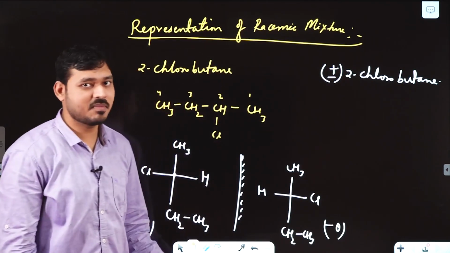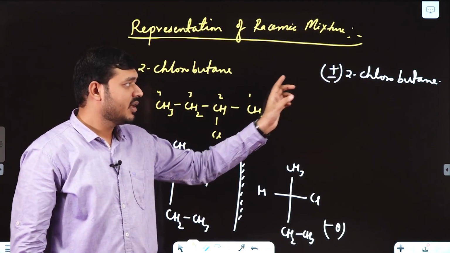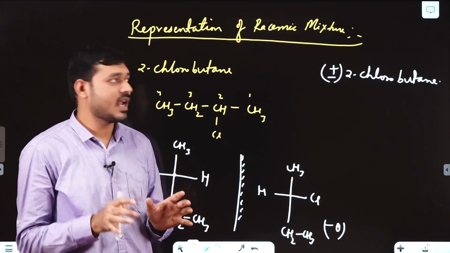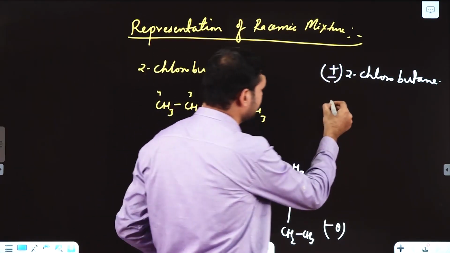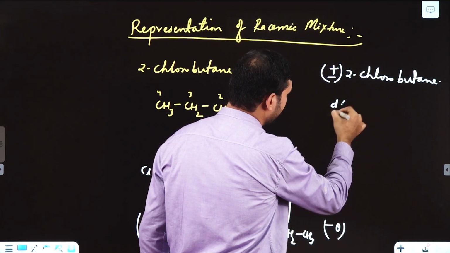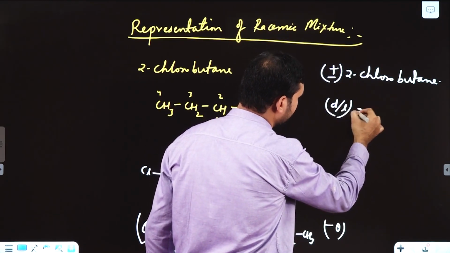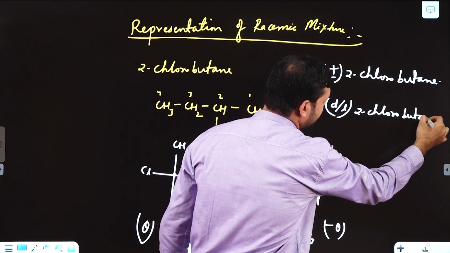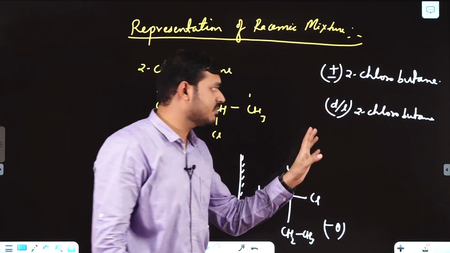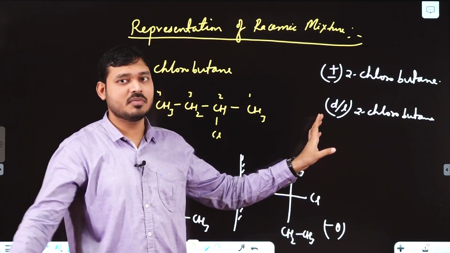Okay, so students, remember this thing. If you are told that in a container we are having plus minus 2-chlorobutane or DL 2-chlorobutane, generally it is represented by plus minus, but suppose you are told DL, it also means the same.